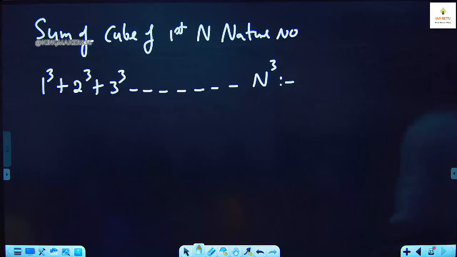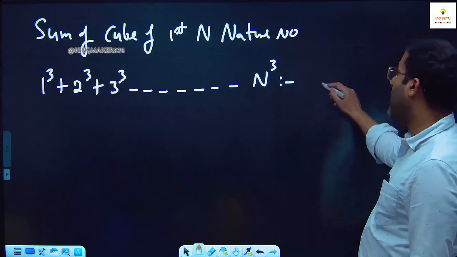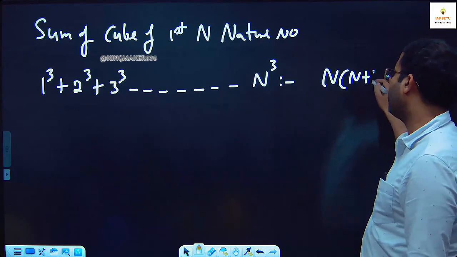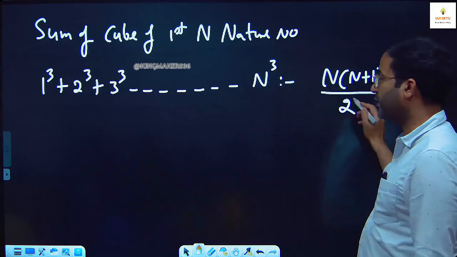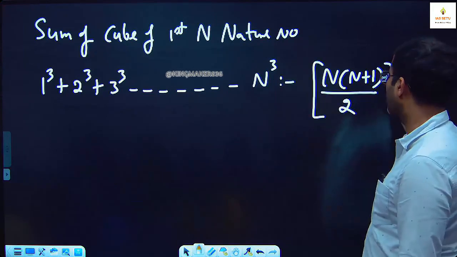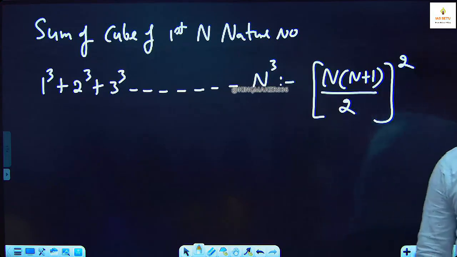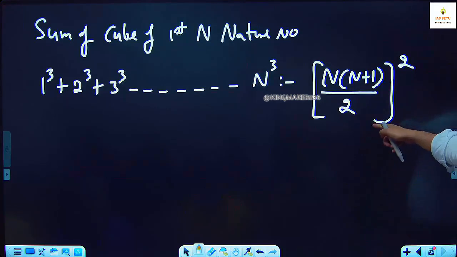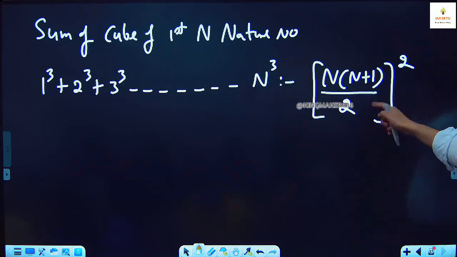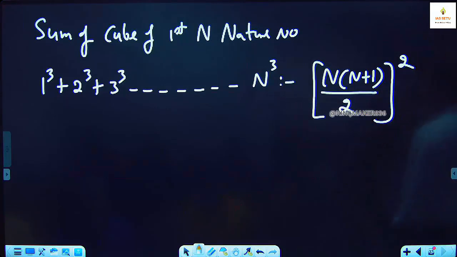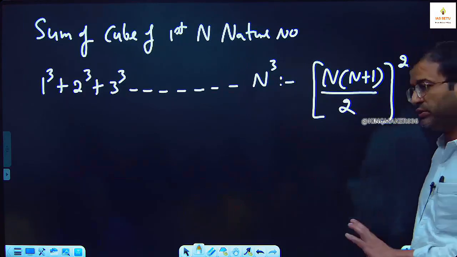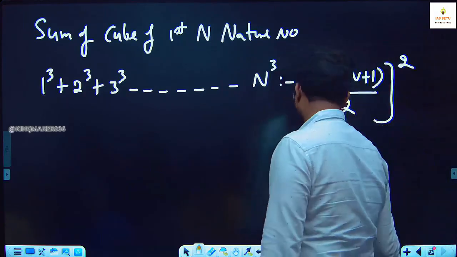Any one of you? Right, n into n plus 1 divided by 2 whole square, which was the very first rule, the same, but its whole square. n into n plus 1 divided by 2 whole square. I take one question so that we can remember it.